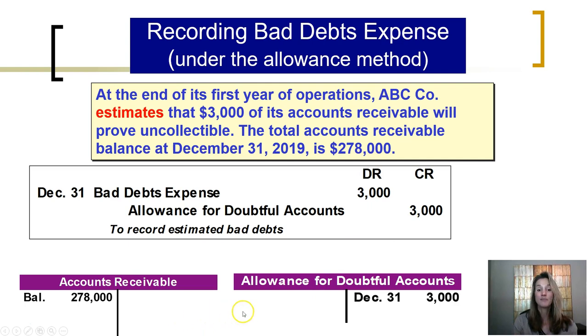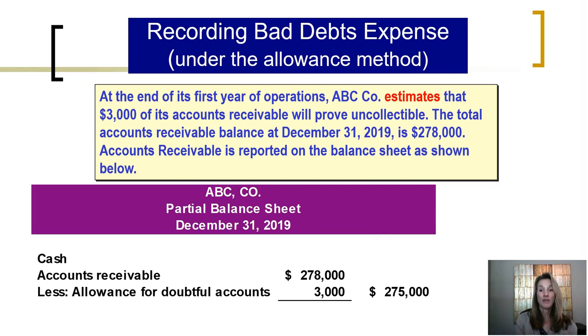When we do that, we will be increasing the balance in the allowance account up to $3,000 and recording a $3,000 bad debt expense for the year. When we look at the reporting on the balance sheet, we will see that accounts receivable of $278,000 is reported, but right along with it is its contra account balance, $3,000, which offsets the asset's value.